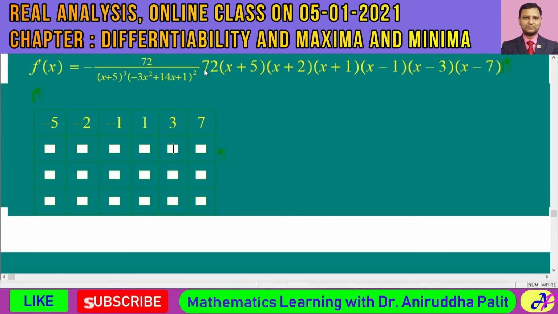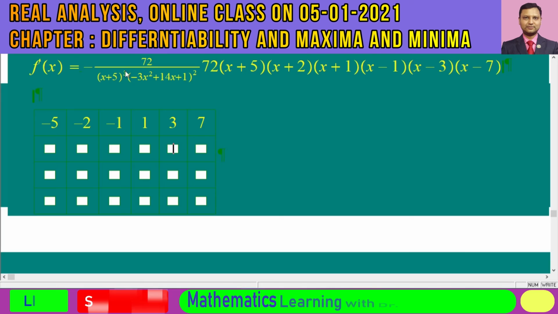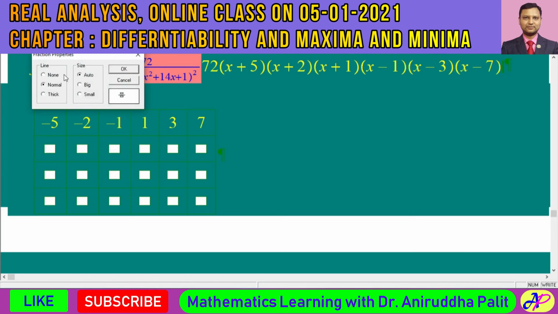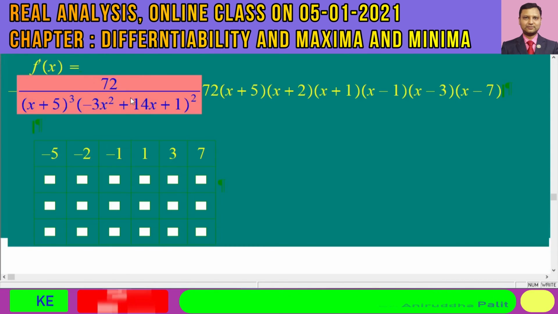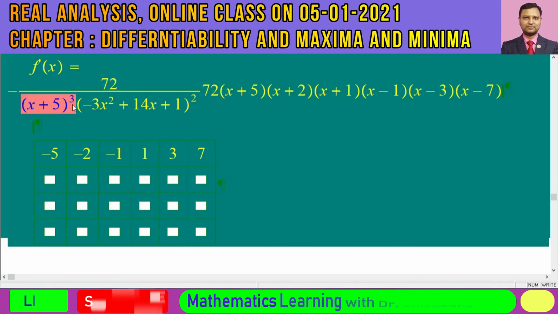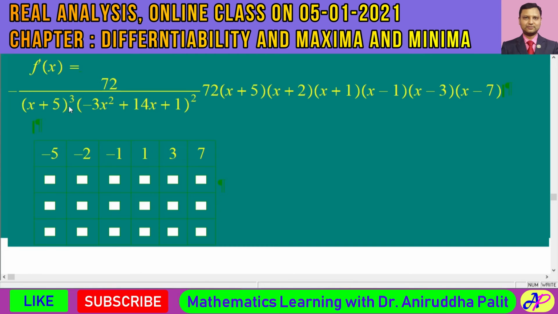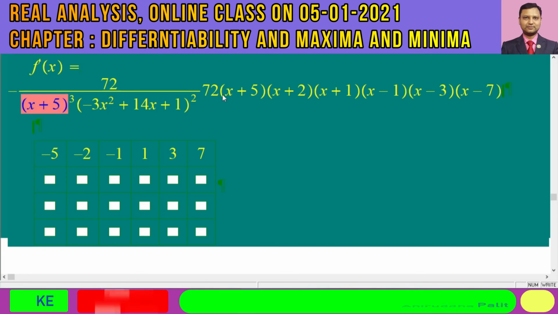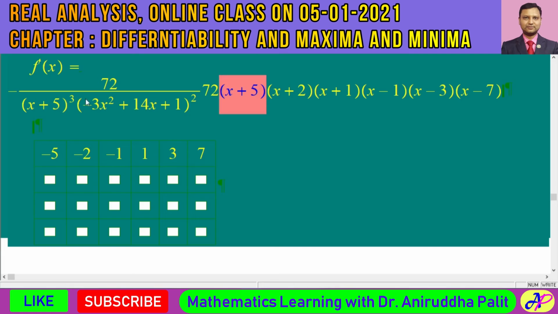And you see this denominator portion, this expression x plus 5, it should be a square. Oh sorry, one x plus 5 has been cancelled, that's why we didn't have this x plus 5.